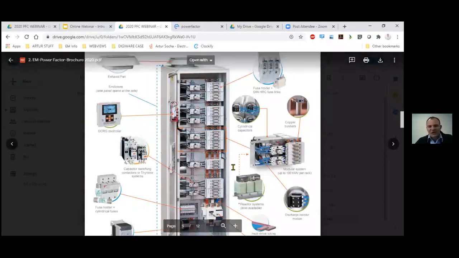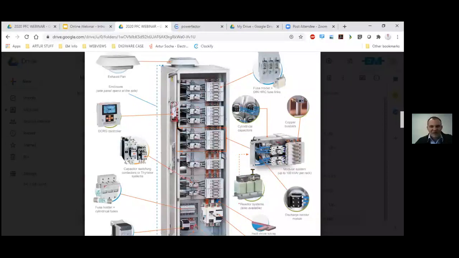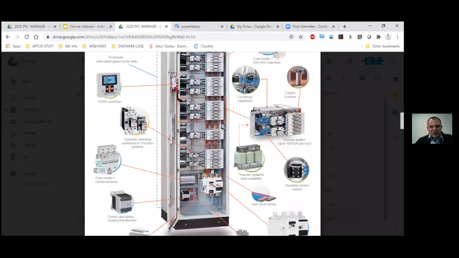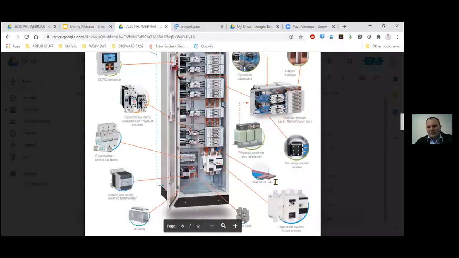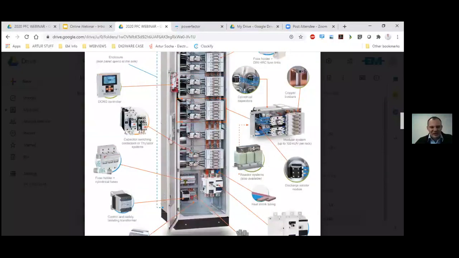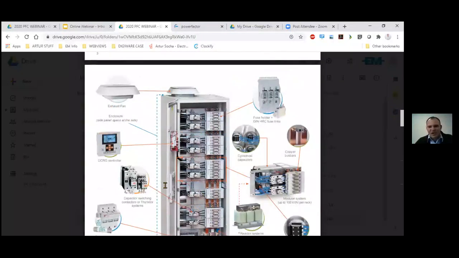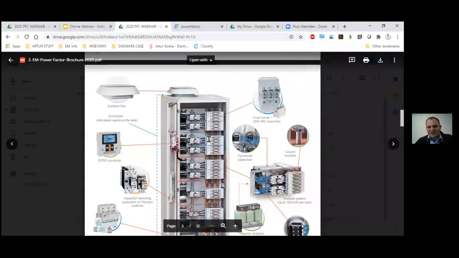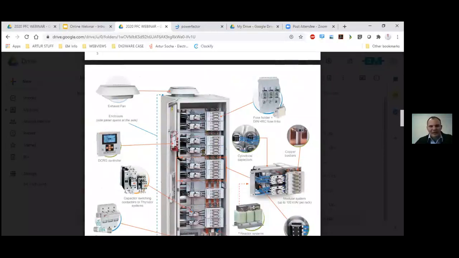We're quite flexible: if a customer needs some customization or a larger rack, we can assist. We use an isolator as an example. If a customer wants a circuit breaker at additional cost, those sorts of modifications can be done. In this example, this is a non-reactor based system, so it's a little bit smaller than our bigger systems.